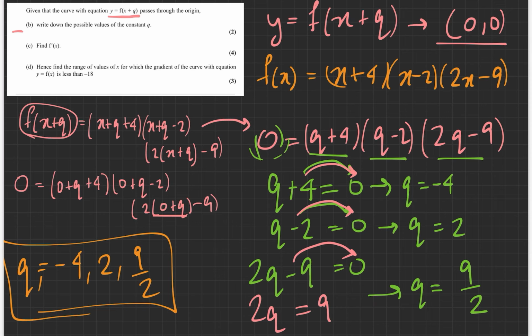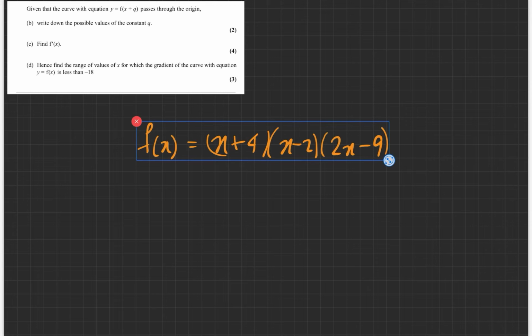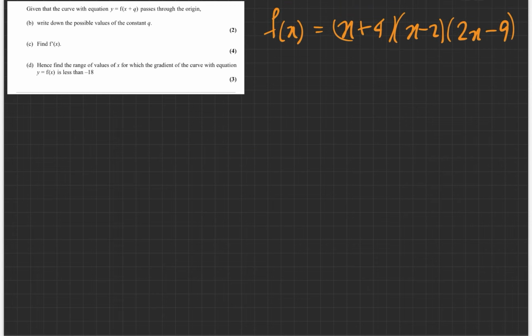Okay, but before I move on to part C, I'm going to take this original equation with me because I don't want to spend time rewriting it and we will be needing it again. All right, so I'm going to paste that equation here. Now part C tells us to find f'(x), right? f'(x) is basically differentiating this equation.